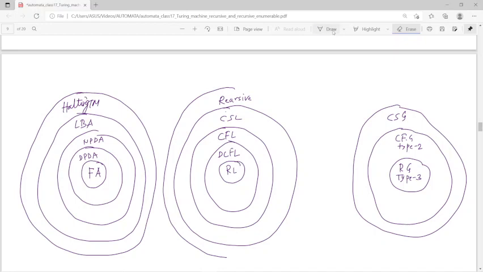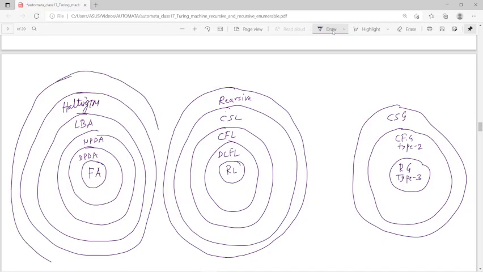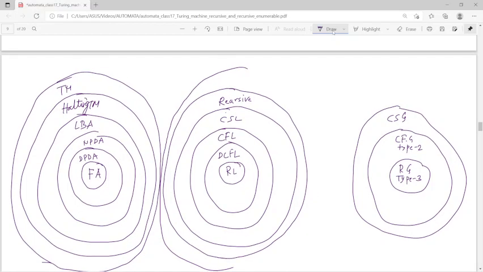So that particular part is recursive, and the corresponding language, this is a Turing machine, and the corresponding language is called recursively enumerable language.